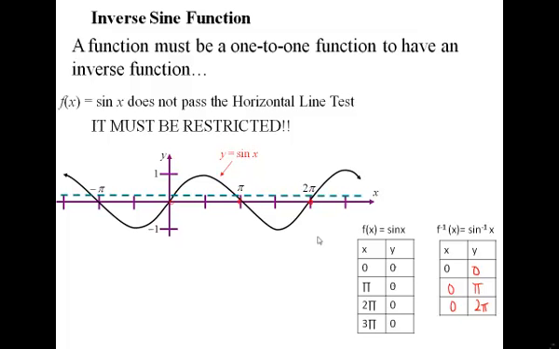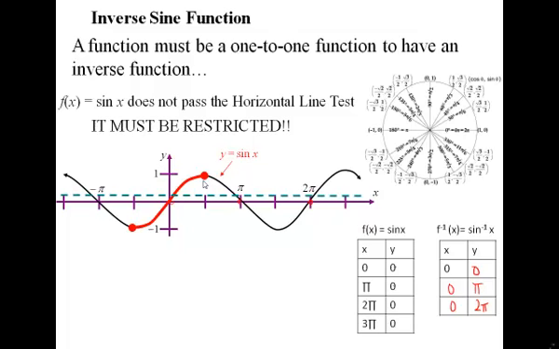So what we actually do is we restrict it. Someone at one point in time restricted it to negative pi over 2 to pi over 2. So we're only going to be looking at this section. So do note that that's only going to be from negative pi over 2, that's right here, to pi over 2. We're only looking at quadrants 1 and 4.